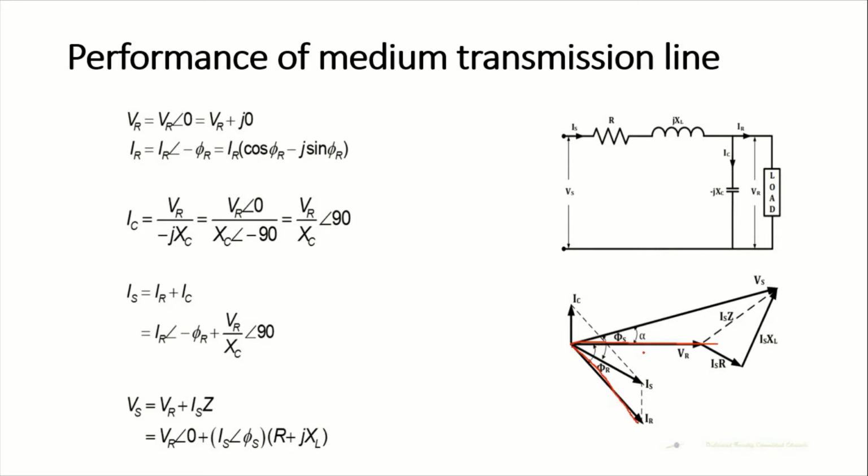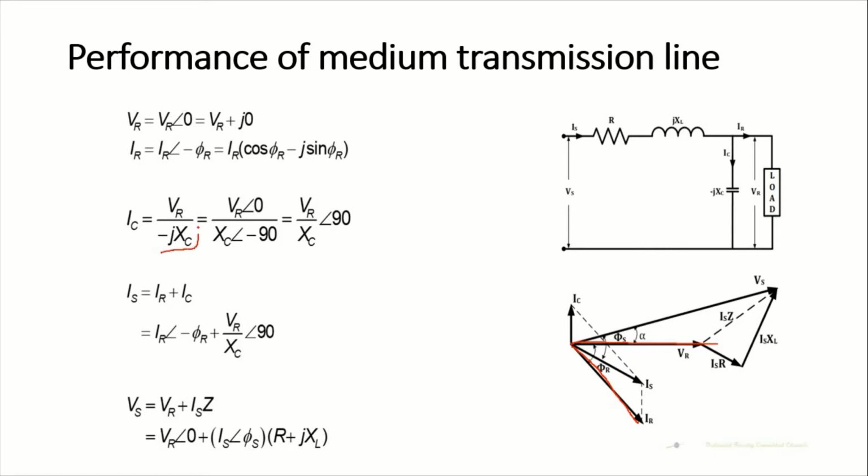IR lags behind VR by angle phi R. So IR can be written as IR angle minus phi R, because IR is lagging VR. In general form, it can be written as IR cos phi R minus j sin phi R. Clear? Now the capacitive current IC is equal to VR by jXC.